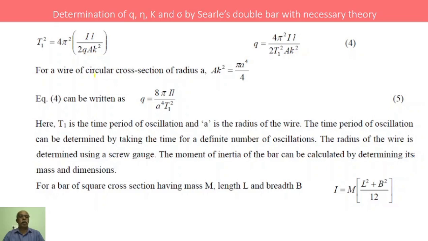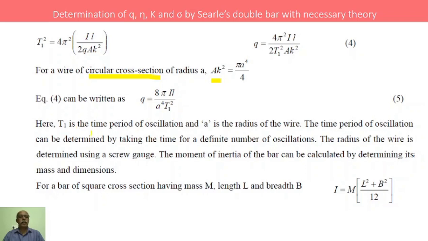For a wire of circular cross section of radius a, A K square becomes pi a power 4 by r, and therefore this expression can be rewritten as Q equals 8 pi I L divided by a power 4 T1 square.